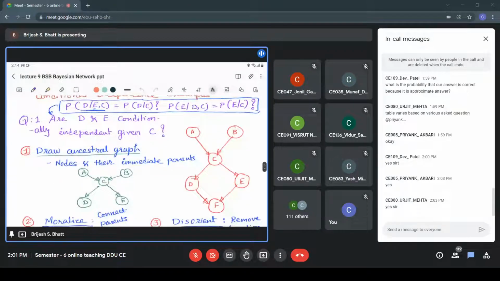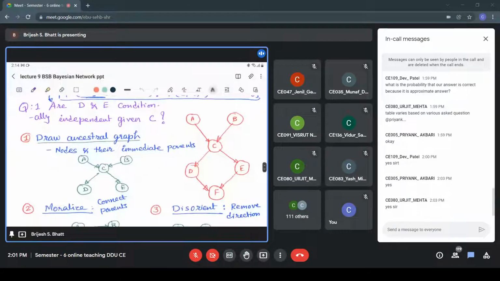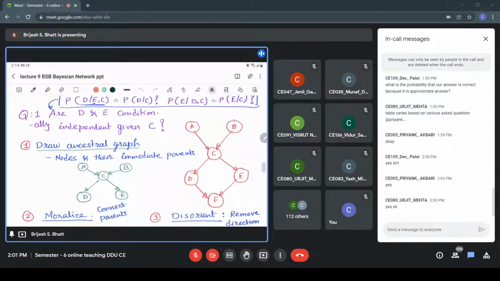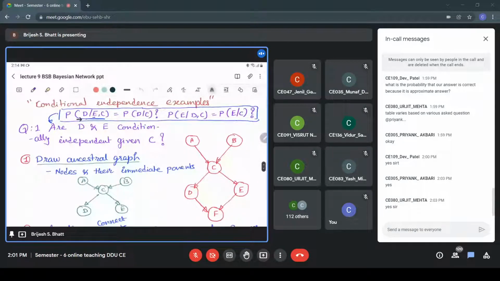So the procedure to answer this question is something like this. It is a 4-step procedure. Step number 1 is draw an ancestral graph. The ancestral graph contains all the random variables in the question, here D, E, and C, and their parents. That's why it is called an ancestral graph.